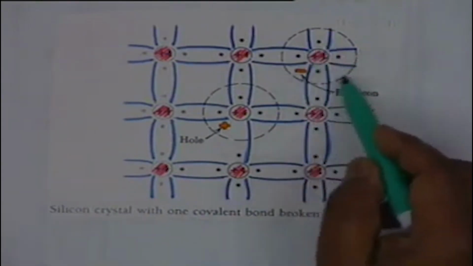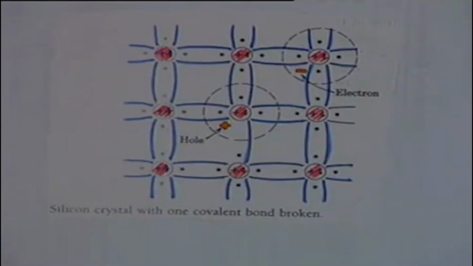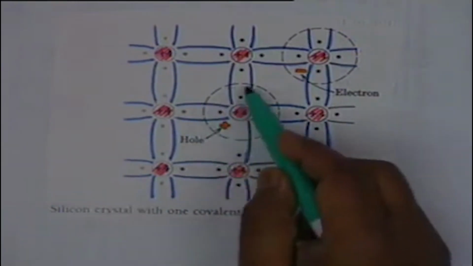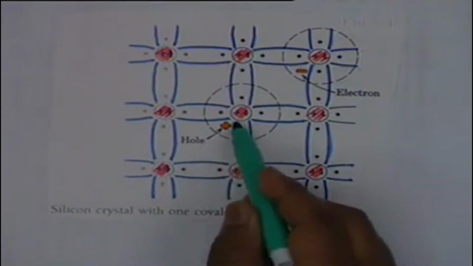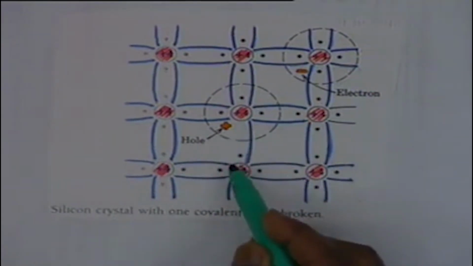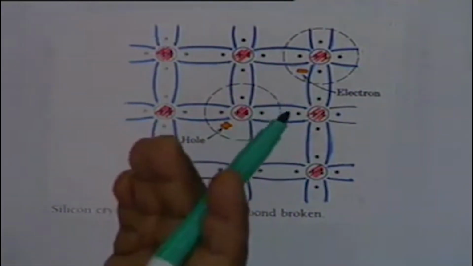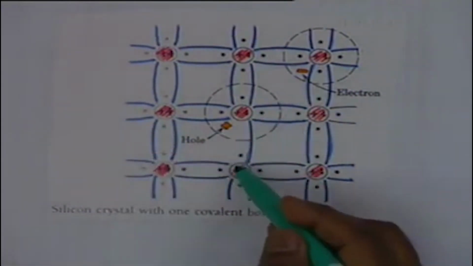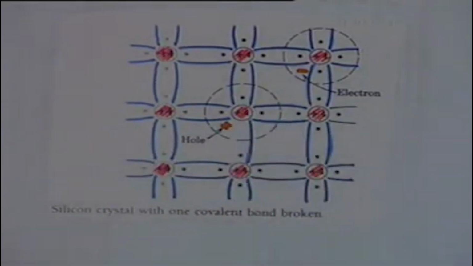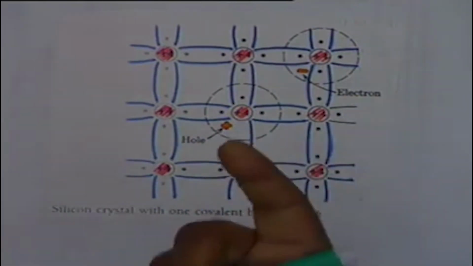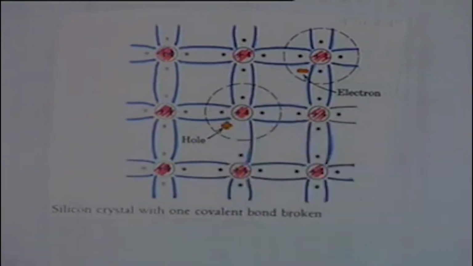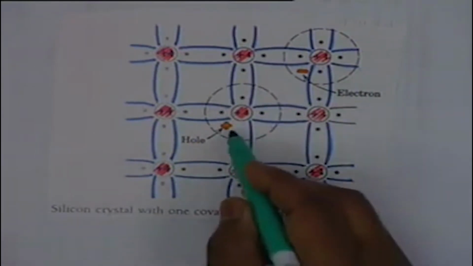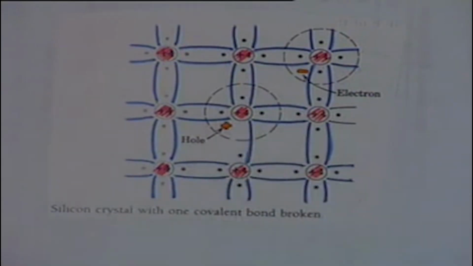But now this region is negatively charged. Similarly, this region where there is an absence of an electron means this hand has now been broken. This hand of the covalent bond, there are 8 such hands, 7 of them remain, 1 of the hands has been broken, and therefore this region has become positively charged, and the vacancy that is created is called a hole.